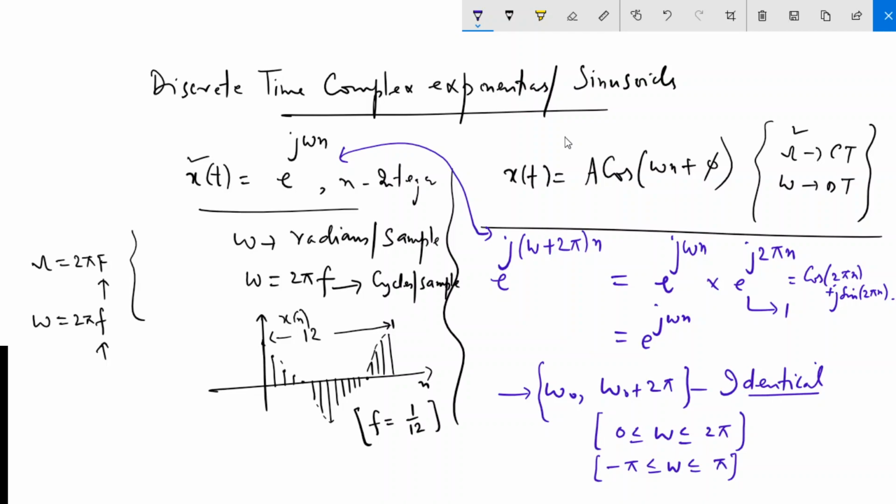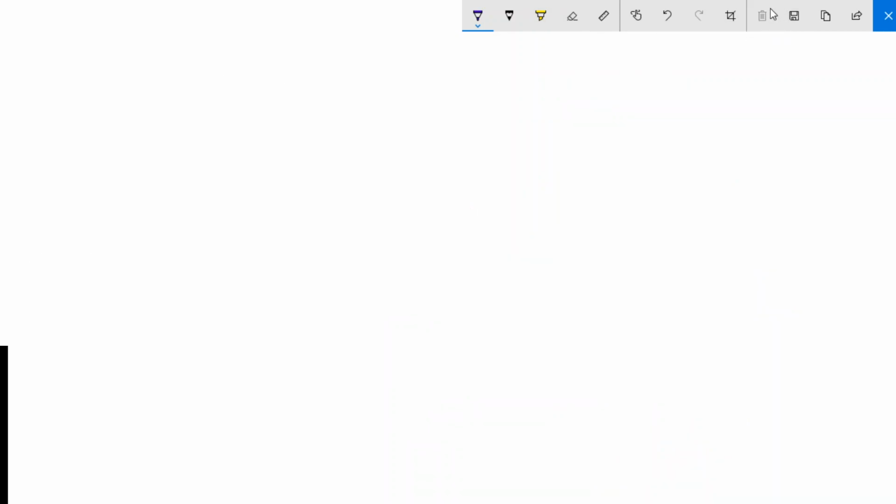So if you have a complex exponential or sinusoid with a frequency of omega naught, and you take another sinusoid or complex exponential with a frequency of omega naught plus 2 pi, these will be similar signals. And the same you can say for sinusoidal signals. You have cos of omega n plus phi.